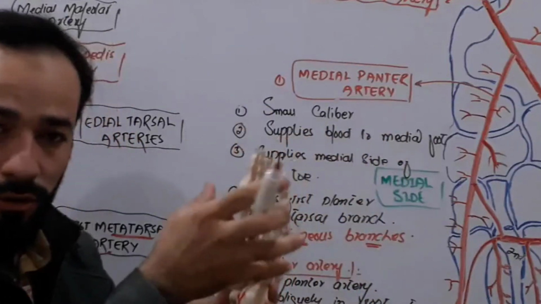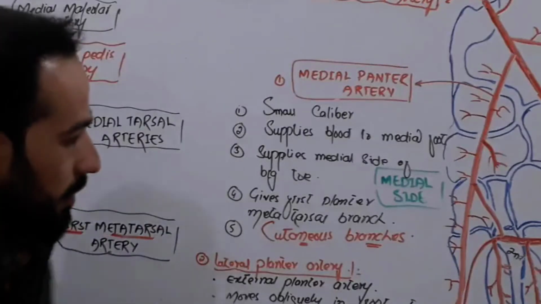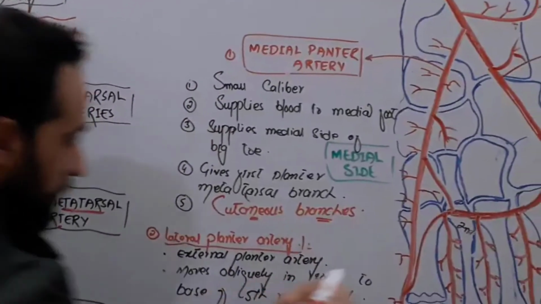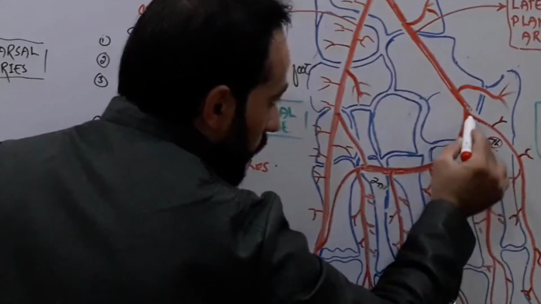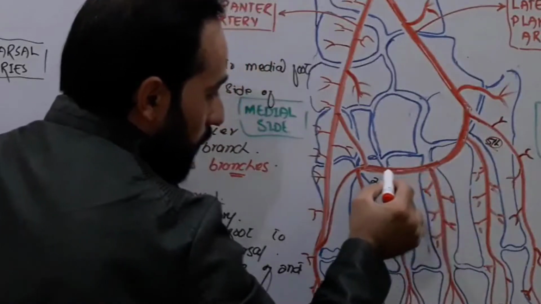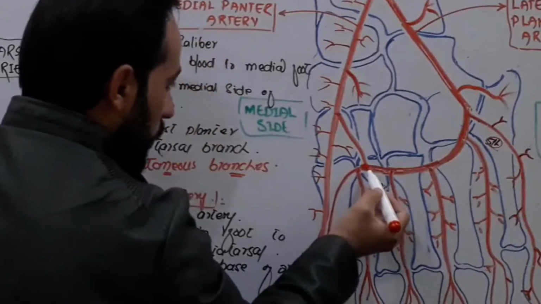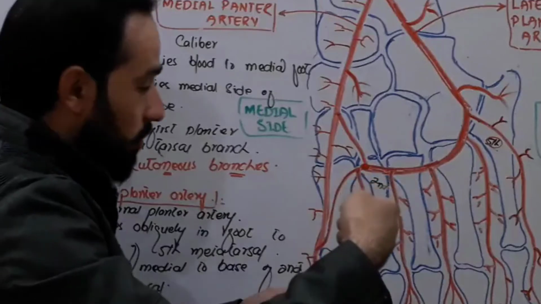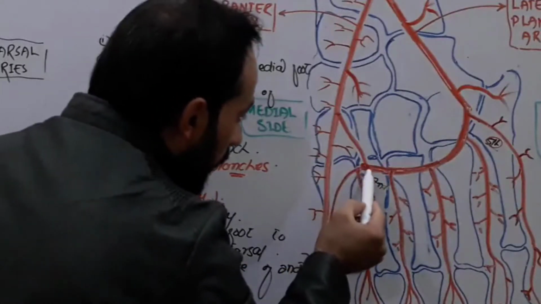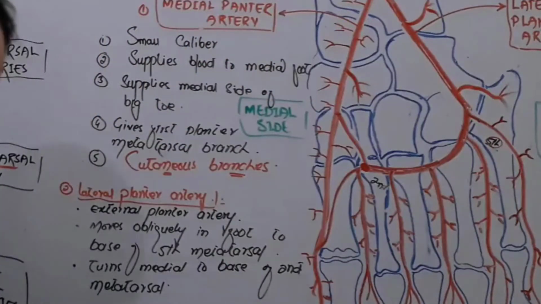Clear, friends? I hope you are clear about this. Let us know it here. Look, when this lateral plantar artery goes to the base of the fifth metatarsal, it turns medially and comes to the base of the second metatarsal, and it here unites with the branch coming from the dorsal surface of the foot, from the dorsalis pedis artery, completing the plantar arch. So our plantar arch has been completed here.